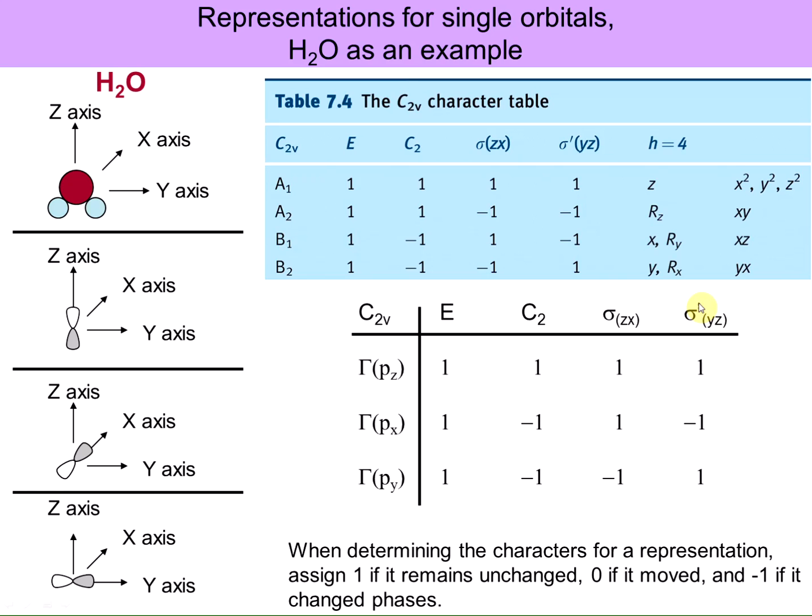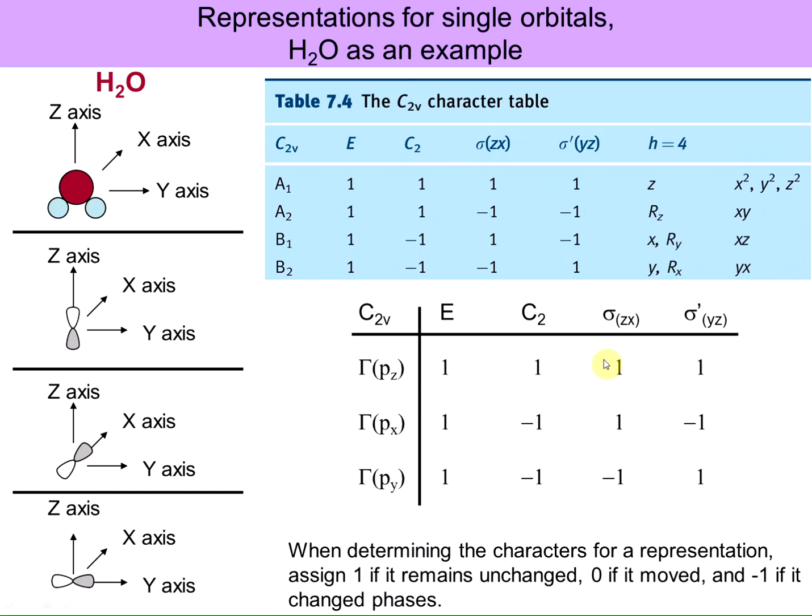So the pz orbital, if I do my E, it stays the same. I do a C2, nothing happens. It stays the same, it gets a 1 as well. And if I do a mirror plane, a reflection in the ZX plane, the orbital stays the same. And if I do one in the YZ plane, it also stays the same.